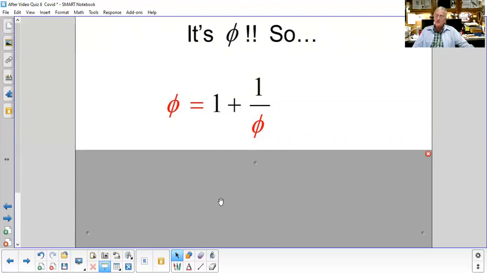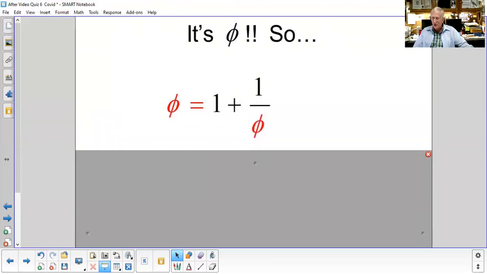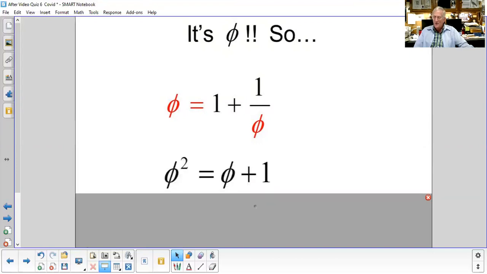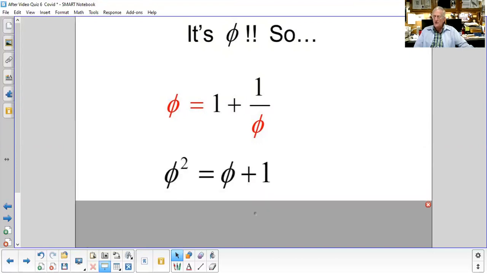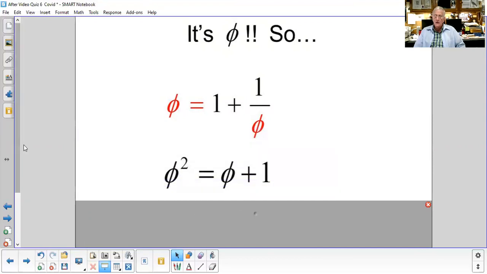Now, I know that seems strange to you, but it works. Now, if I multiply this equation through by phi, I will get phi squared equals phi minus 1. Now, if you recall from high school, that smells a little like a quadratic equation, right? So let me go over here.